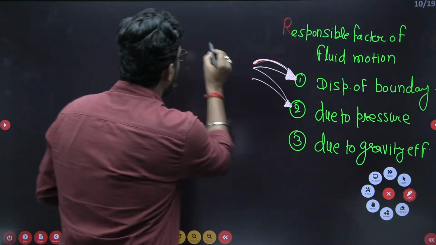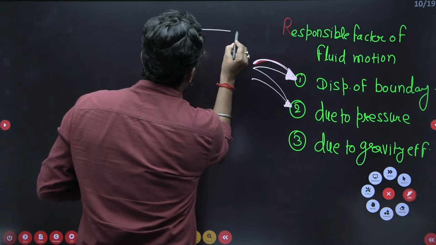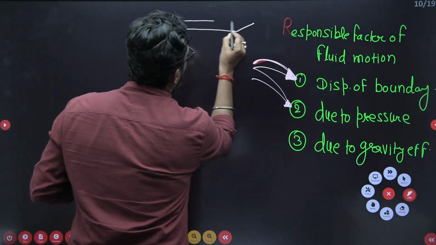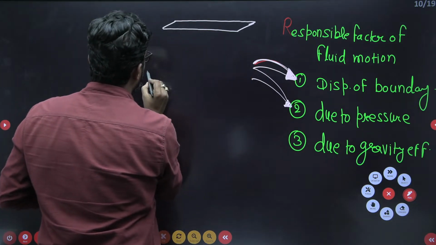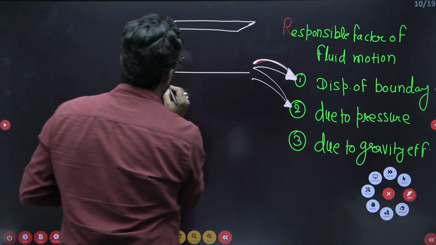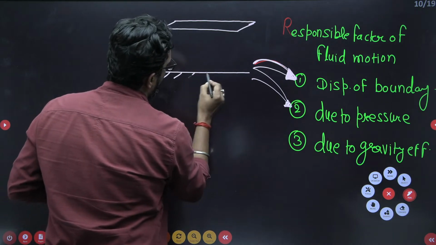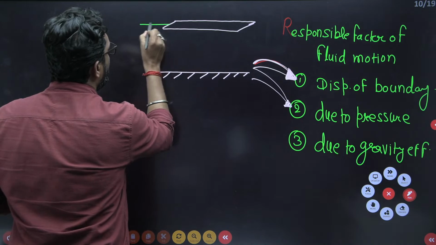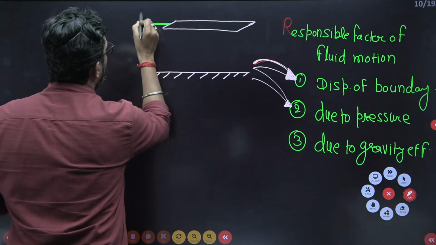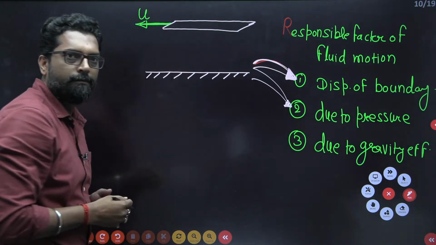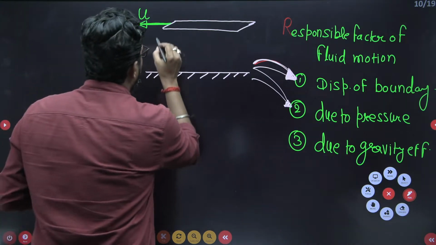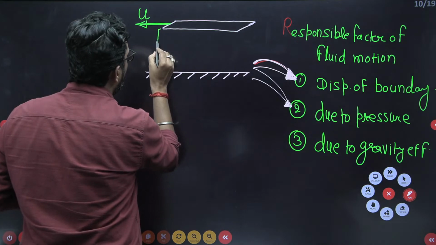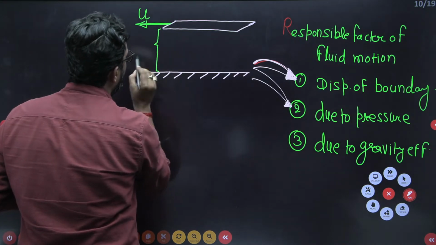That means if this is your plate, and this lower plate is fixed. Now you have to move the upper plate at a velocity, let's suppose u. The gap is very minimum. Let's suppose this is the gap between the plates, which is h.